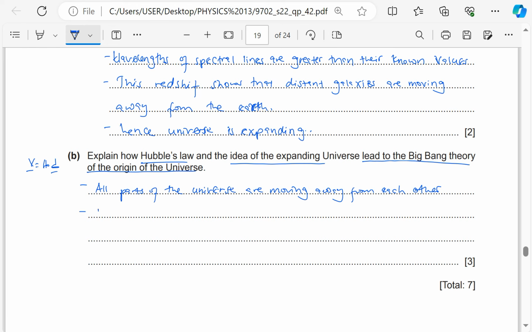So more distant objects are moving away faster, so matter must have been close together in a very dense singular point in the past.